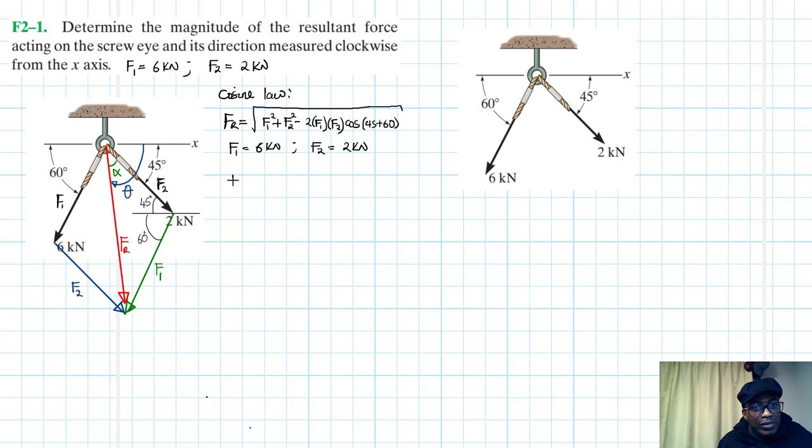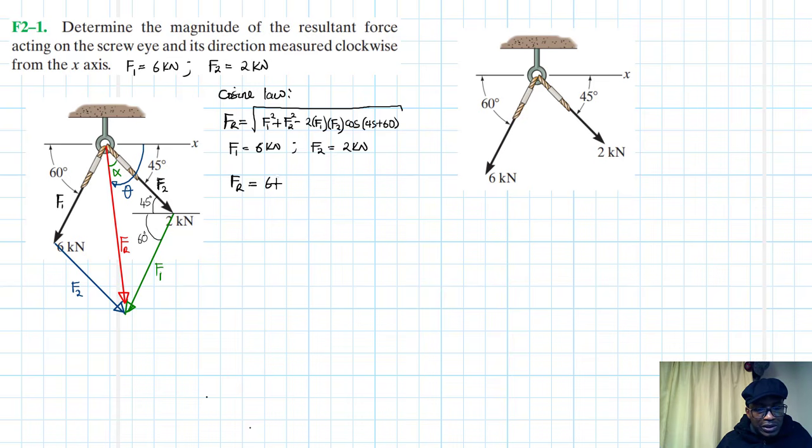Therefore our resultant is just going to be equal to, grab your calculator and plug in those numbers: 6 squared plus 2 squared minus 2 times 6 times 2 times cos of 45 plus 60, which is just 105. Square root of that. Of course, you expect a positive and negative, but we are interested in the positive value.